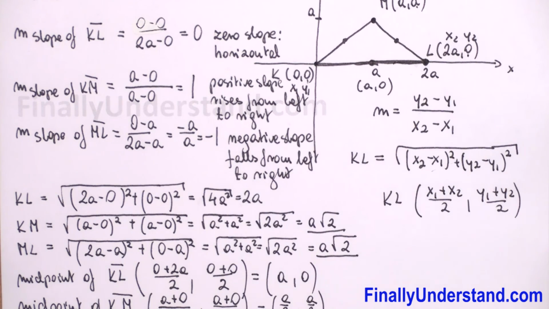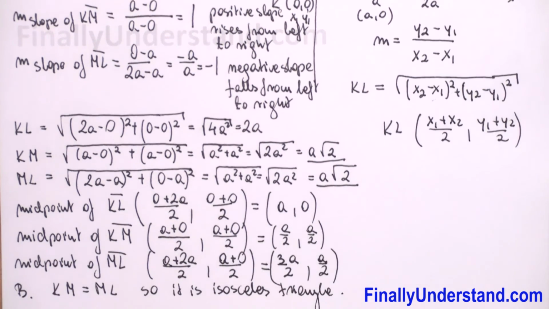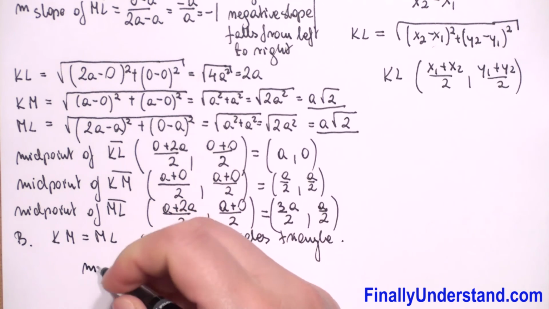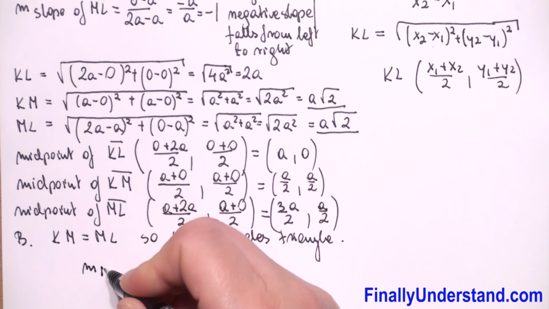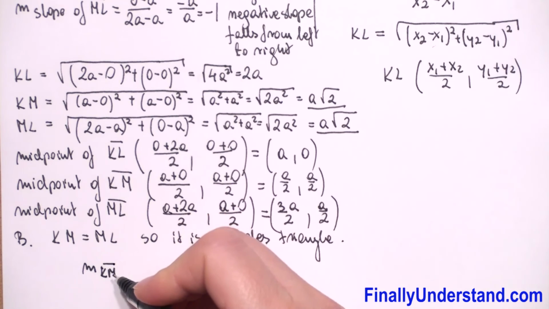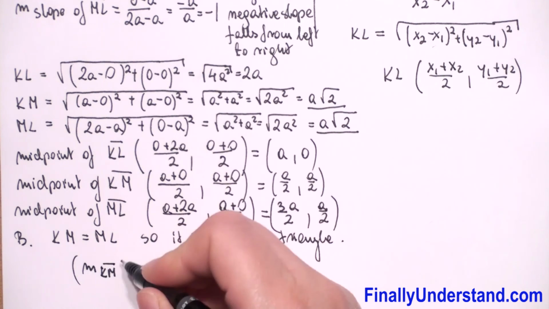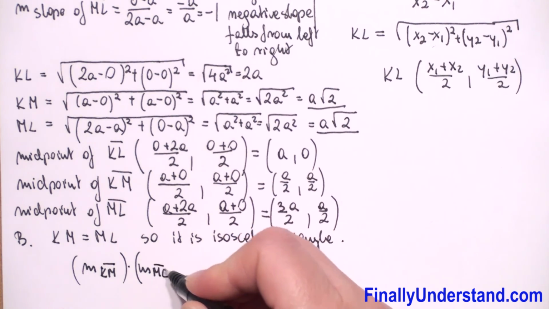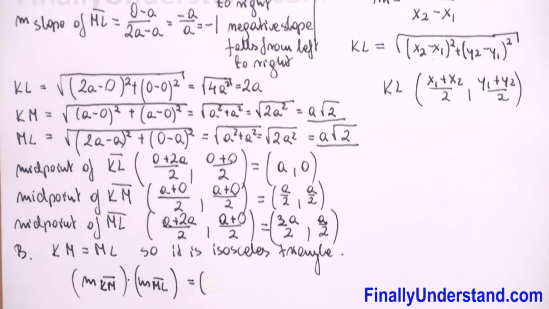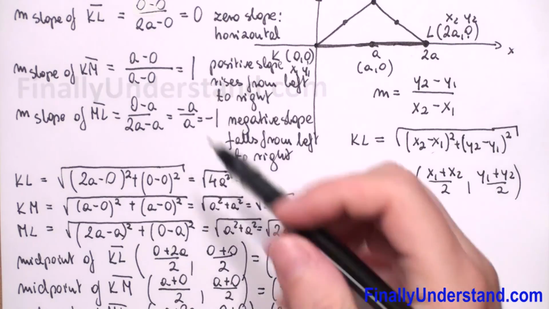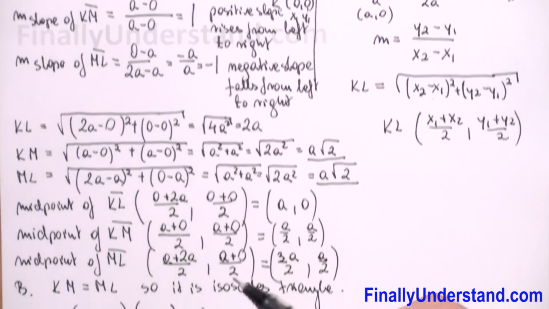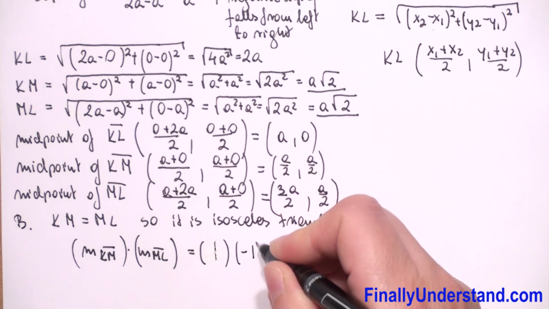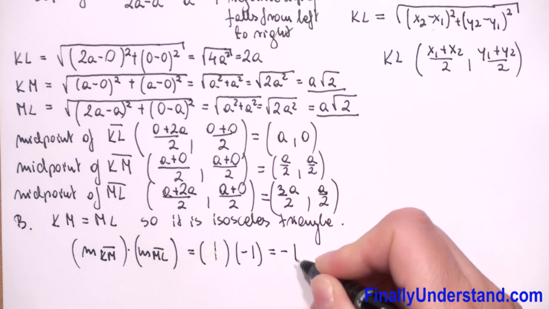If you multiply slope of KM segment times slope of ML segment, we have 1 and -1. So you have 1 times -1. This is equal -1.